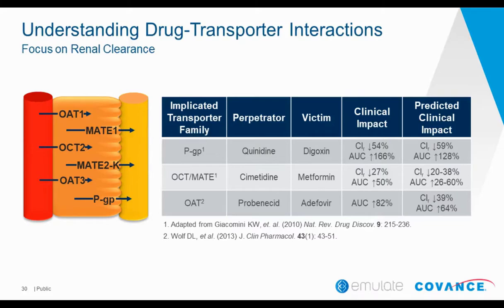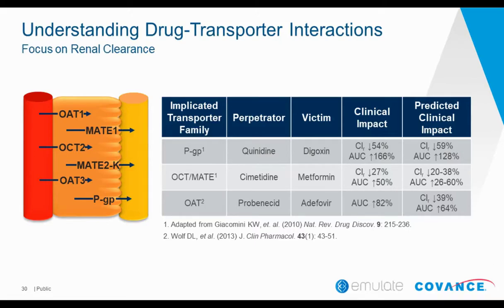The predicted clinical impact from the renal chip model is a 20 to 38% reduction in renal clearance. Likewise, an AUC increase of metformin in the clinic is observed at approximately 50%, with the chip model, again, being within twofold of the 26 to 60% increase in AUC.